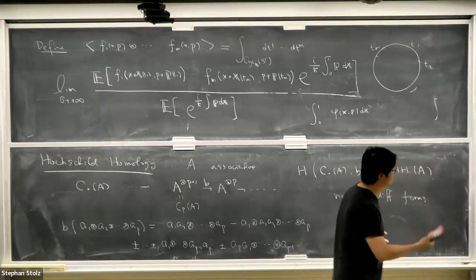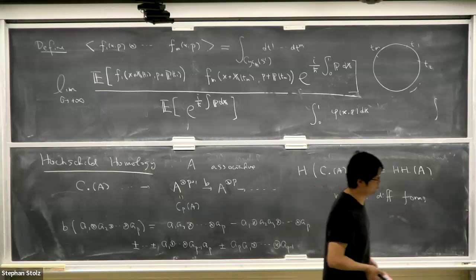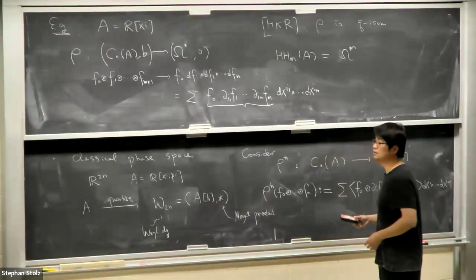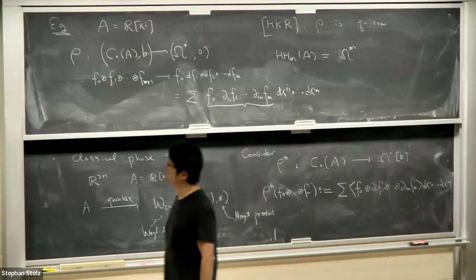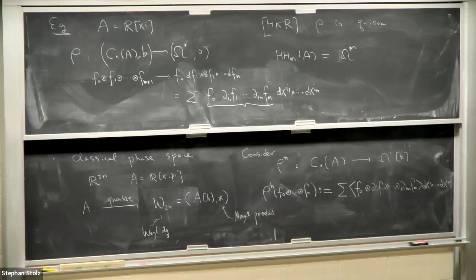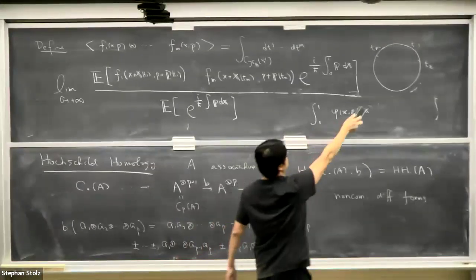You can take some completion and so on, but in this case it's going to be polynomial in h bar. So what does the order depend on? Which order? The order of the polynomial? Does that depend on the number of f's? The order of the polynomial depends on the way you integrate on the circle.